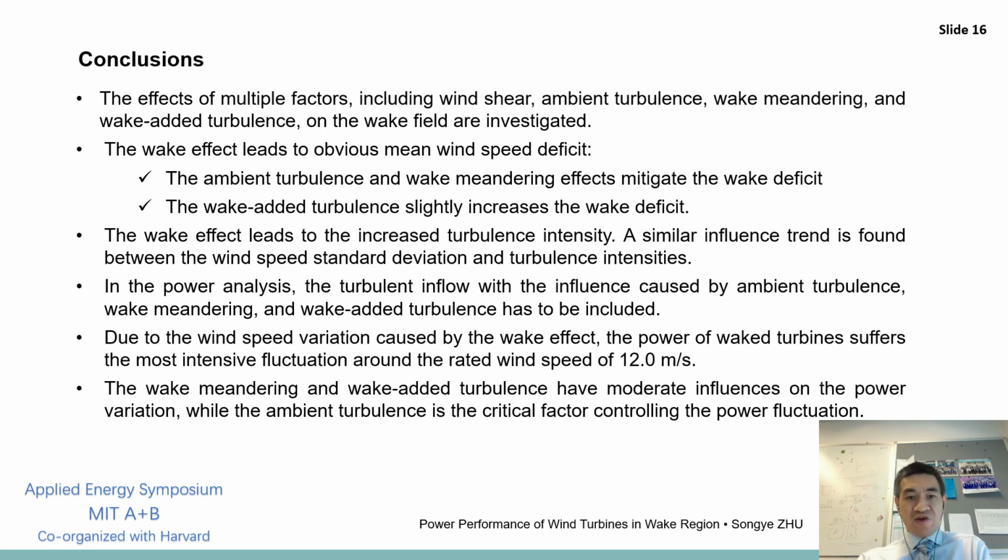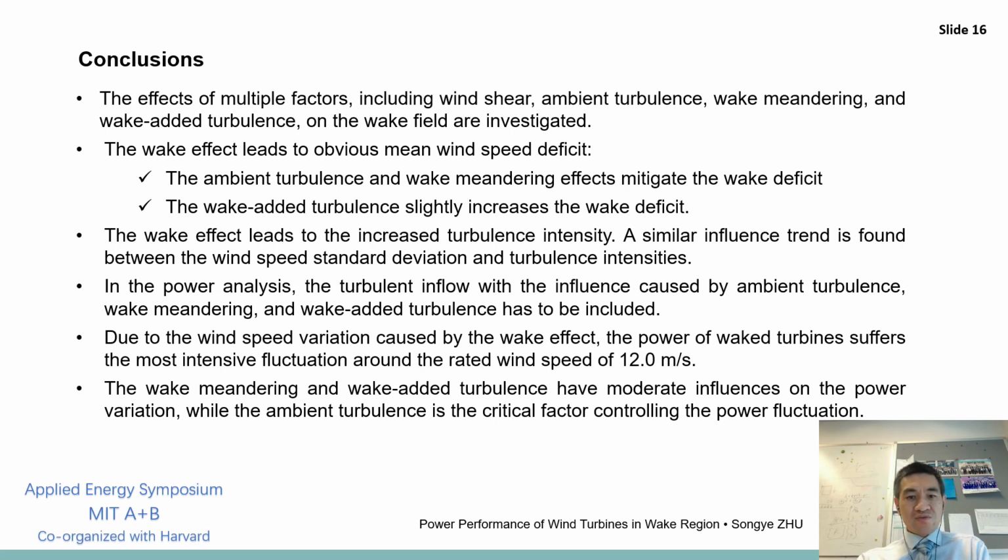The wake effect leads to the obviously increased turbulence intensity in the wake regions. Consequently, in the power analysis, we have to include these effects, including ambient turbulence, wake meandering, and wake-added turbulence in our simulation to accurately predict the power performance.